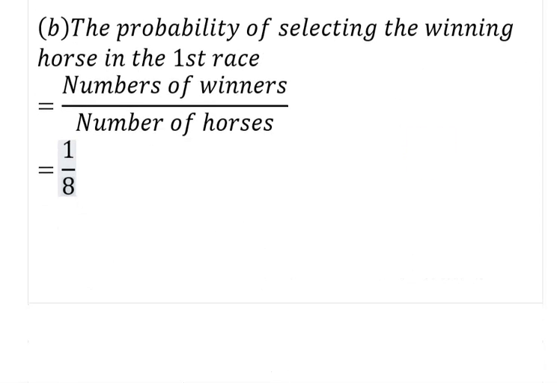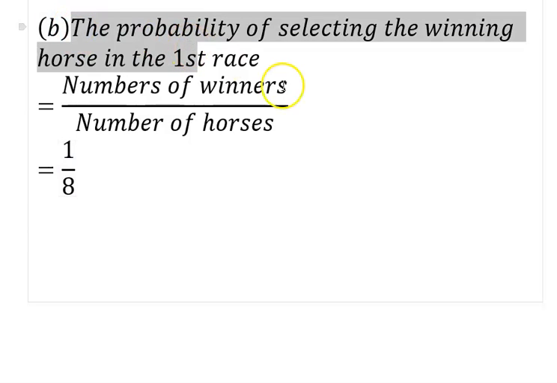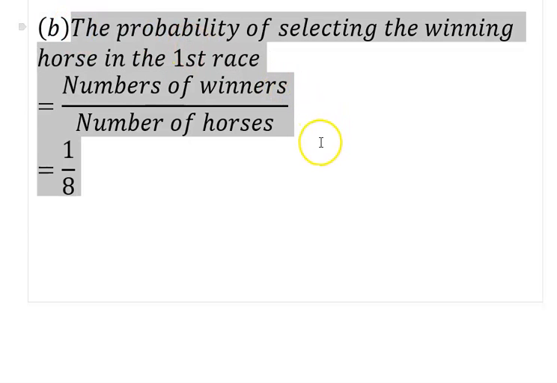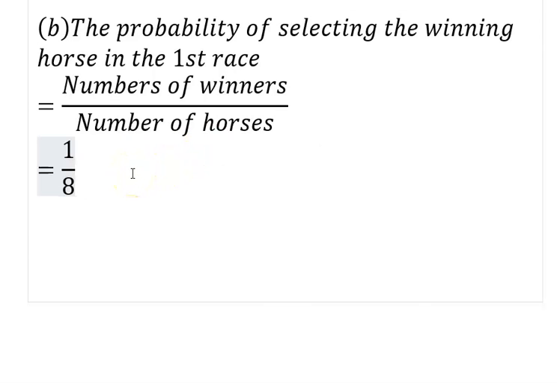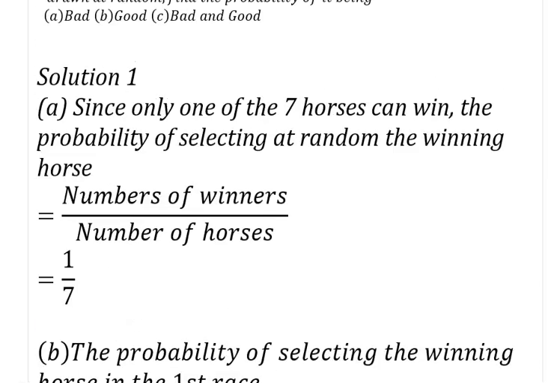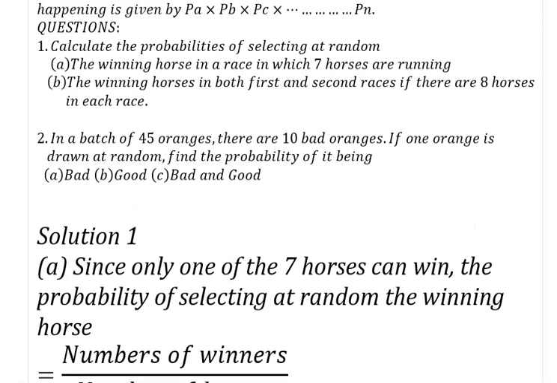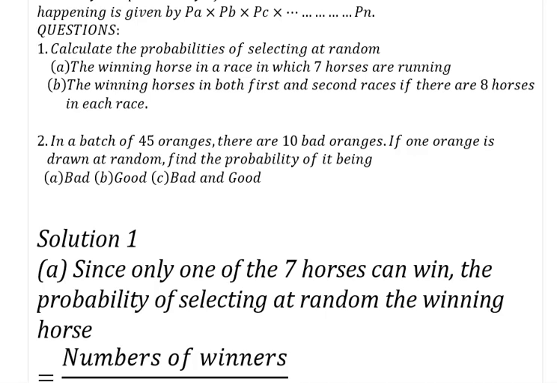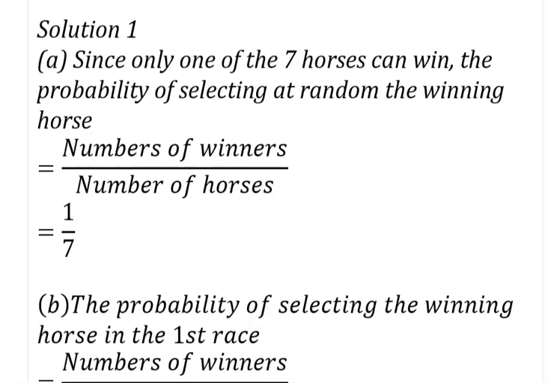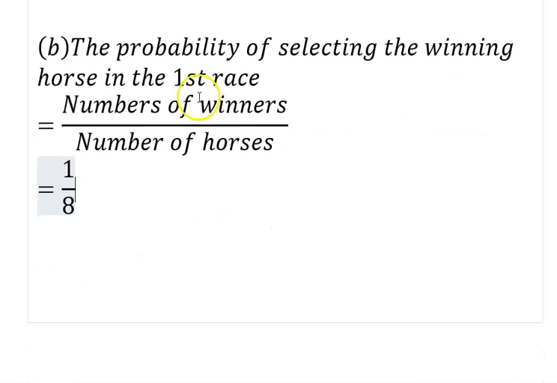Now for the second race. The question: calculate the probability of selecting at random the winning horses in both first and second races. That means we've gotten the first race.